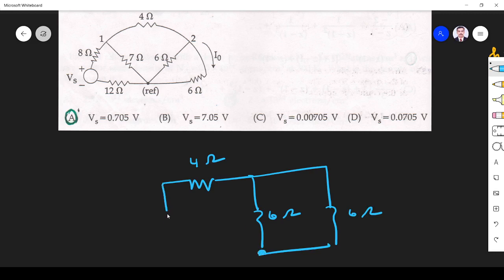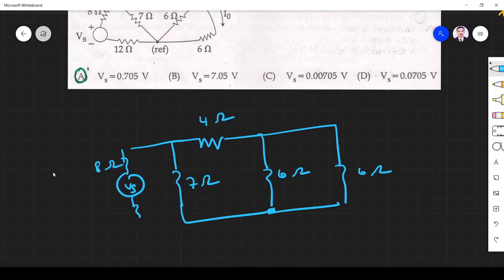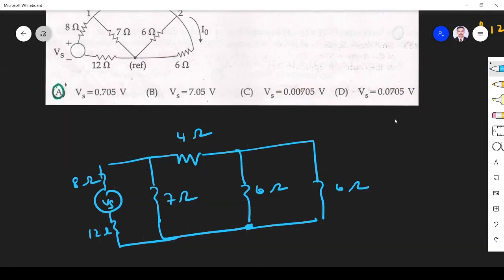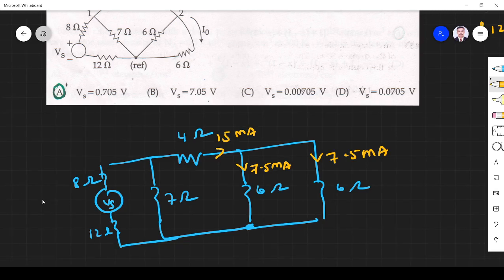Here it is 7 ohm, here 8 ohm, Vs, and 12 ohm. They are telling I0 is 7.5 milliampere, through one 6 ohm. These two are parallel, so the other must also be 7.5 milliampere. Current divides equally, so the total must be 15 milliampere.